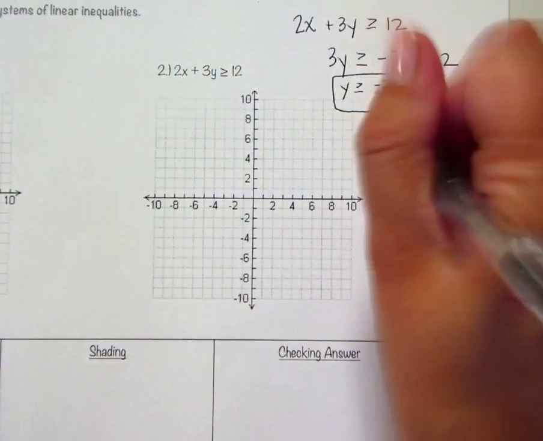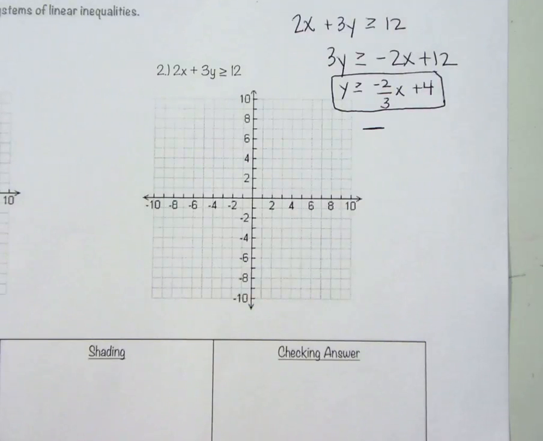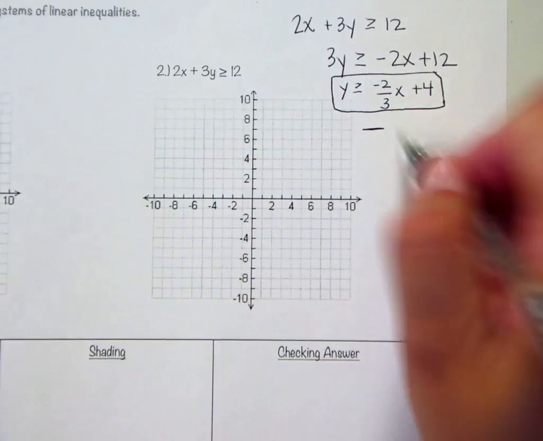Solid, exactly. So, a little solid line. And then am I shading above or below? Erica, greater than or equal to? We're going to shade above.